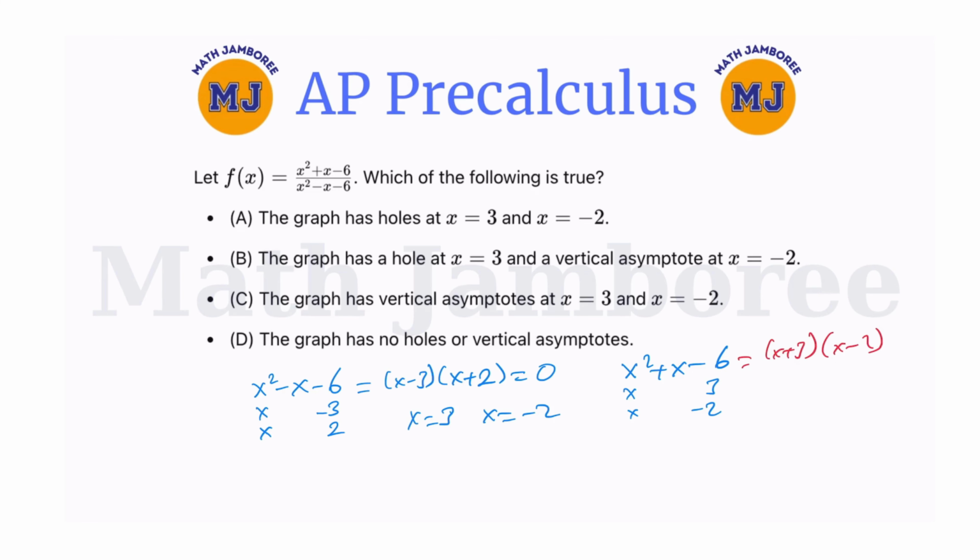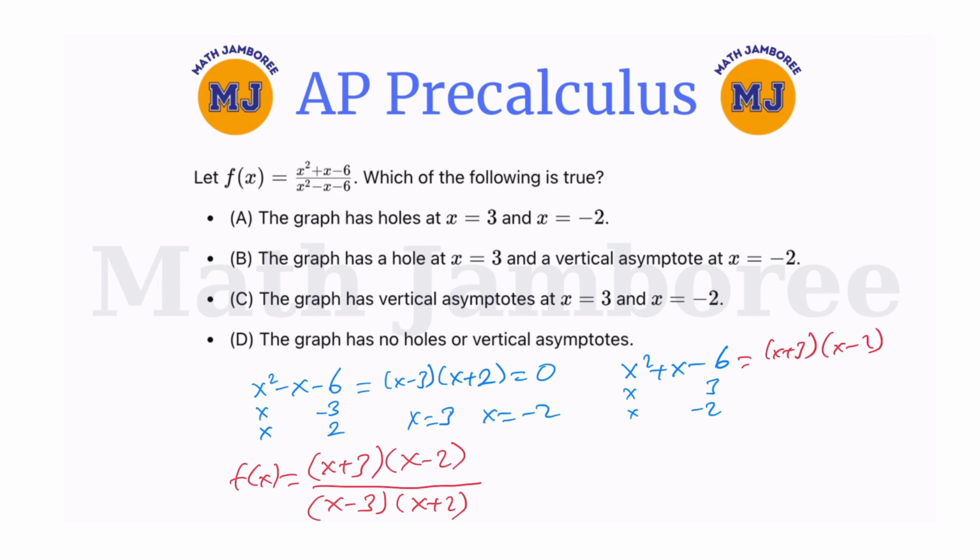So f of x can be rewritten as x plus 3 times x minus 2 over x minus 3 times x plus 2.